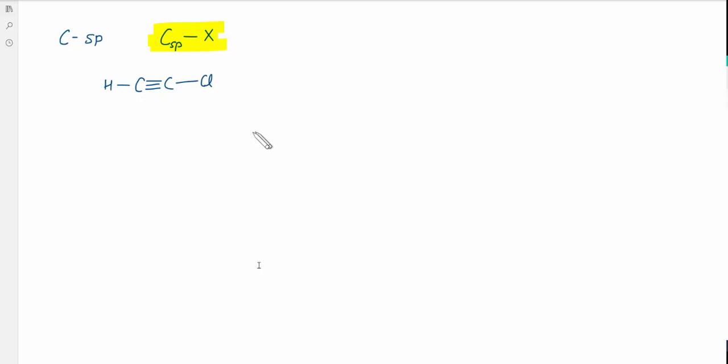So again there will be 1 degree, 2 degree, 3 degree variants here. In these halides, halogen is directly attached to one of the carbon atoms of the triple bond. That's all. So this is 1 degree, there can be 2 degree, 3 degree, and so on, right?